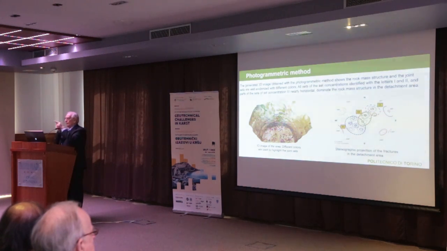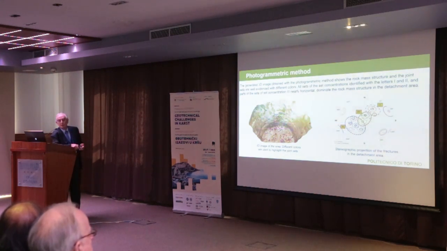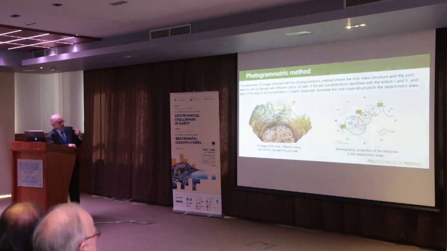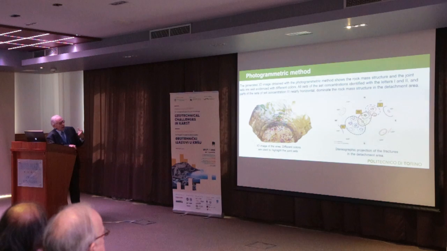You take different shots, and then by using the computer, you come up with this nice looking three-dimensional picture. I hope you are able to see the different colors. You see the yellow? The yellow is discontinuity system 3. It's a nearly horizontal system of discontinuities. Then you can see the blue, you can see different colors.